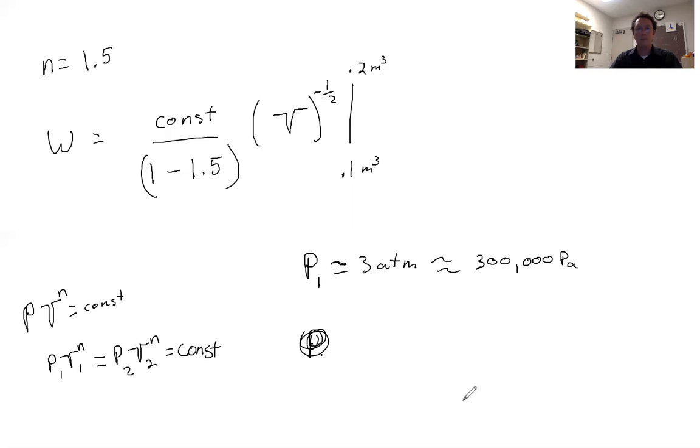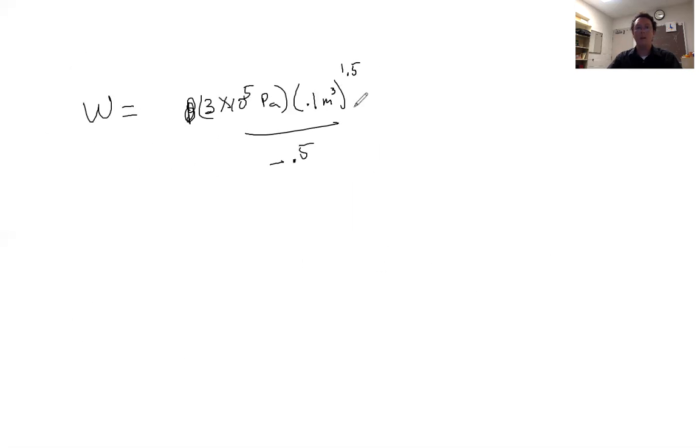The work is just going to be P1, that's 3 times 10 to the 5th Pascal, times V1, 0.1 meters cubed to the 1.5, divided by negative 0.5. Remember, that's 1 minus 1.5, negative 0.5. It's a pure number, the index.